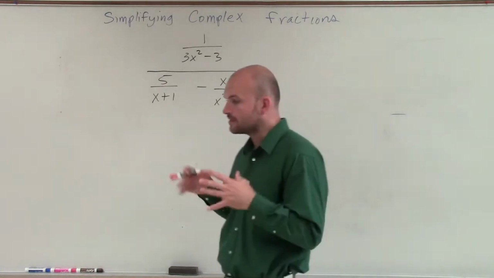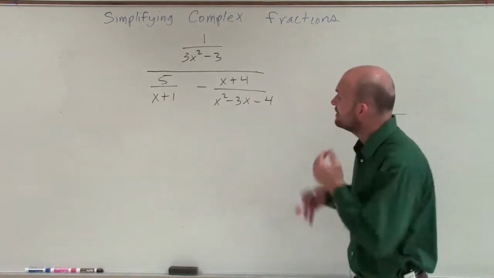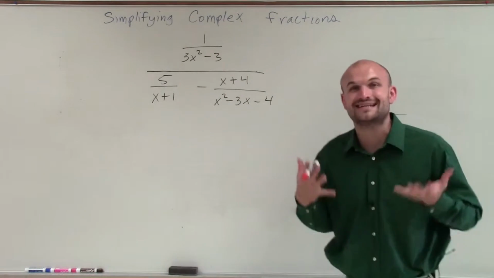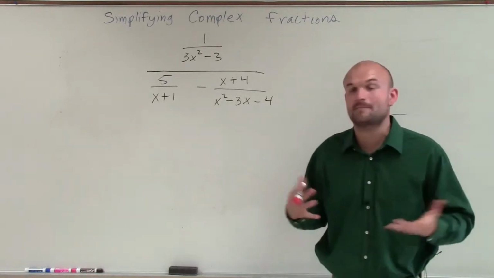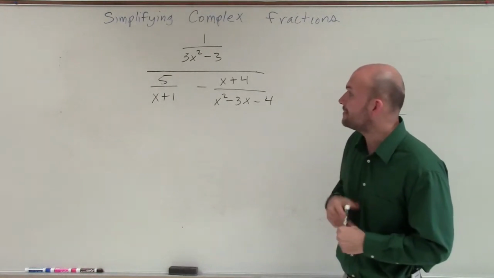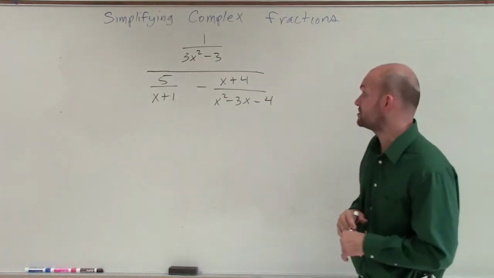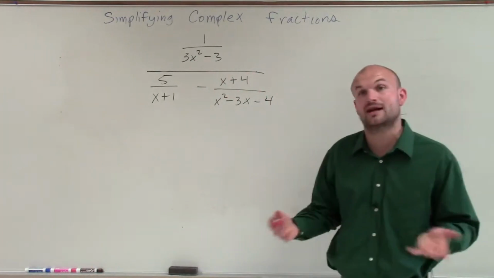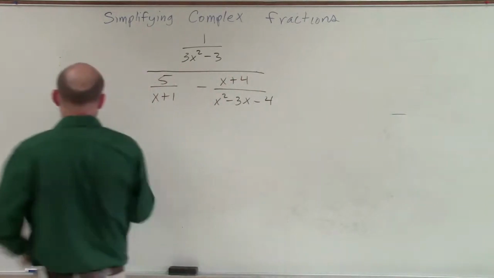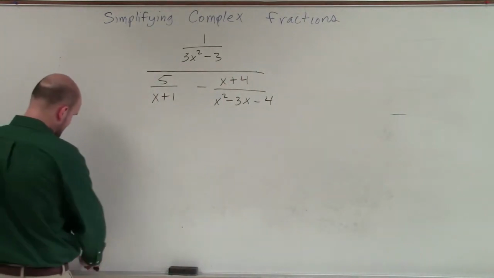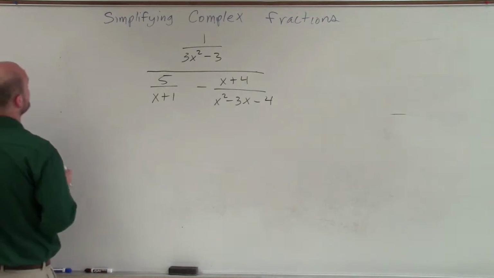Before we get to a point like that, though, we need to look at this and ask, where can I simplify my problem as much as possible? In this denominator, I have an expression I can simplify. Here I have a trinomial that I want to see if I can simplify. The reason I know I can simplify this is that they both share a 3.